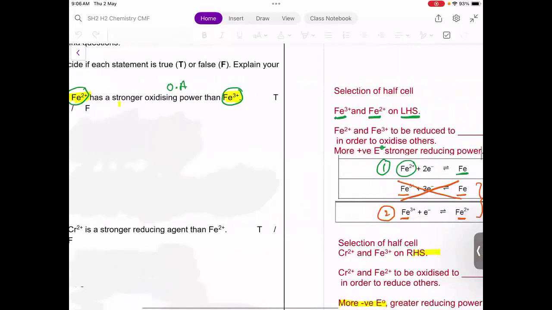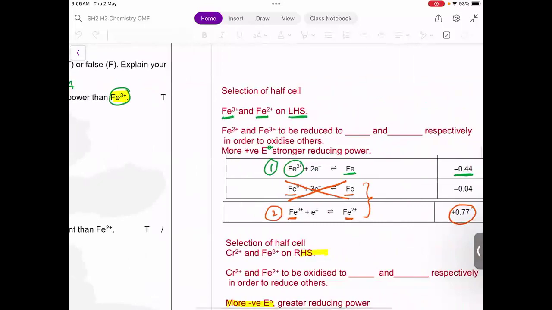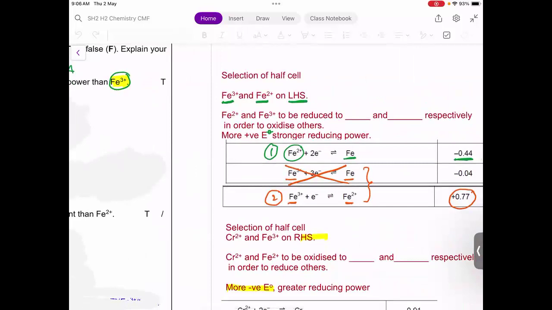Between these two, we know that iron 3 and iron 2 must be found on the left side. So there are 3 possibilities involving iron 2 and iron 3. Among the iron 2, there's only one possibility, so no argument: iron 2 to iron 0, negative 0.44. But if you look at iron 3, there are 2 possibilities. One is minus 0.04, that is becoming iron 0.